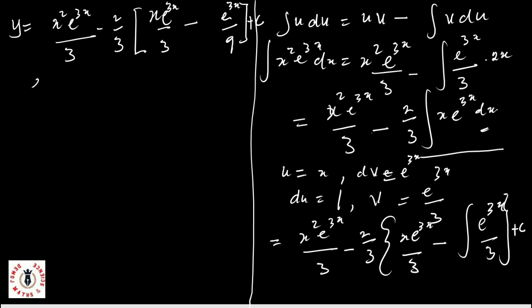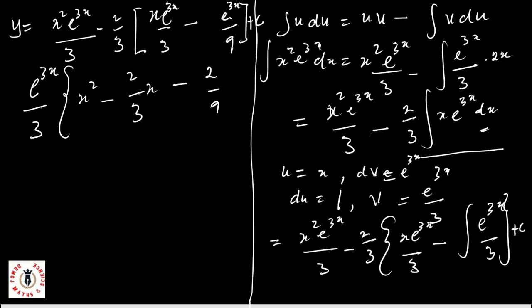That will be equal to e raised to power 3x over 3 into x squared minus 2 over 3 x minus 2 over 9, bracket close, plus c.